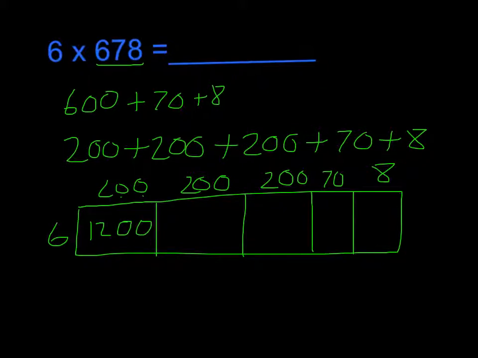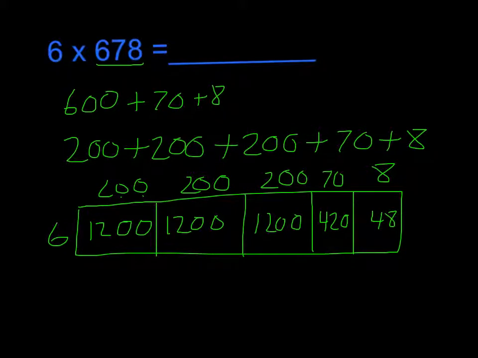So 6 times 200 once again is 1200. And 6 times 200 once again is 1200. Now 6 times 7 is 42, with 1 zero there, so we get 420, and 6 times 8 is 48.